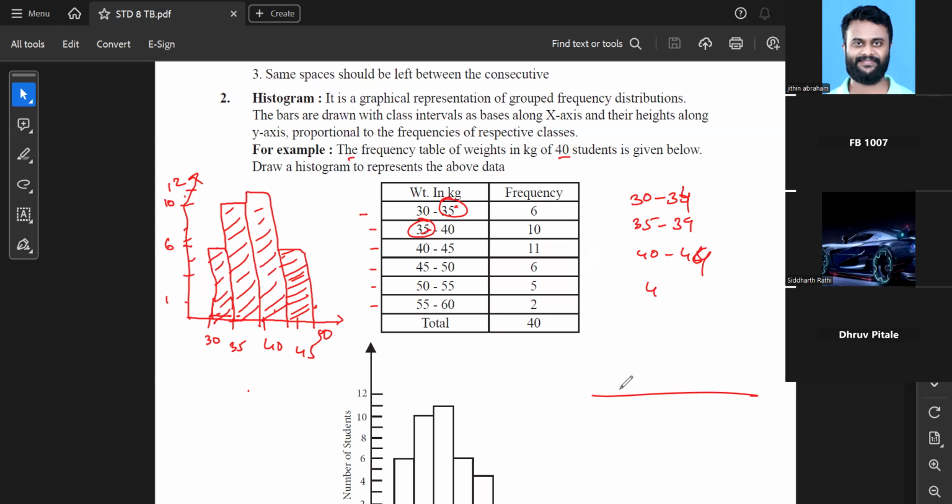Then in that case, 30 to 34, this is my one bar. Then 35 to 39, this is my next bar, and so on it will go. Okay, sir. Thank you, sir. So yeah, in that case दो bars के बीच में distance मैं दिखा सकता हूँ.